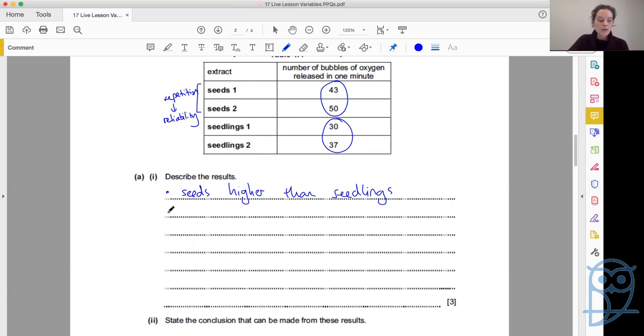Okay, so within this, we've got 3 things that we need to describe. We've described the overall pattern. Now we need to describe seeds and we need to describe seedlings. So we can say that seeds 2 is greater than seeds 1. And the same thing for seedlings 2.